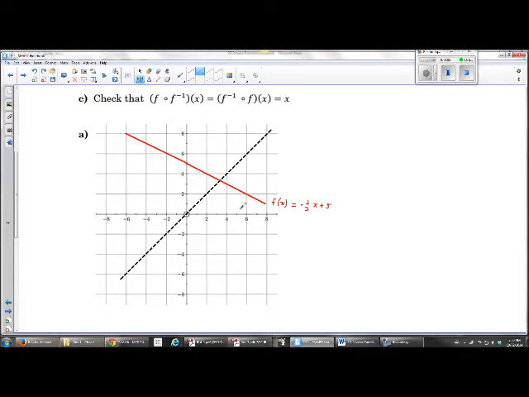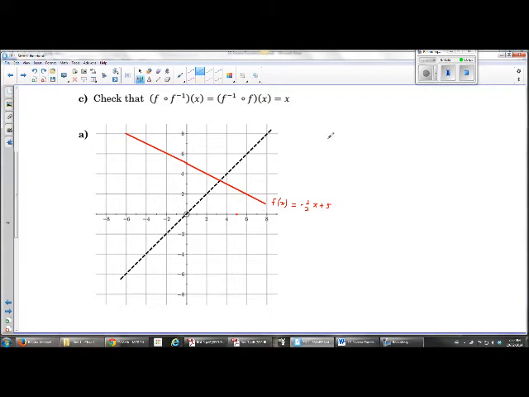So for the inverse function, we're looking for the x-intercept of 5 here. And because the function has a slope, or gradient, of negative 1/2, the inverse function will have a gradient of negative 2.